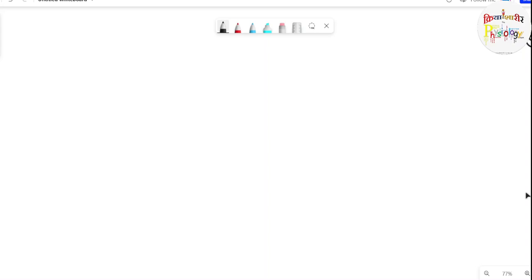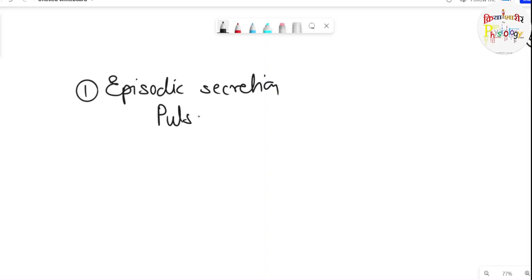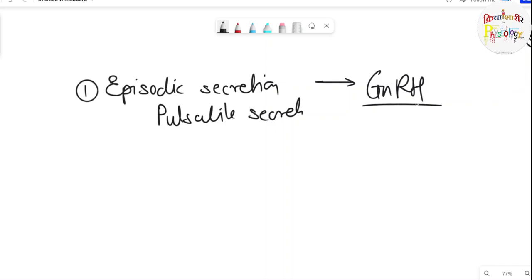First one is episodic secretion, or it is also known as pulsatile secretion. Okay, so GnRH, gonadotropin releasing hormone, is secreted in episodic rhythm.